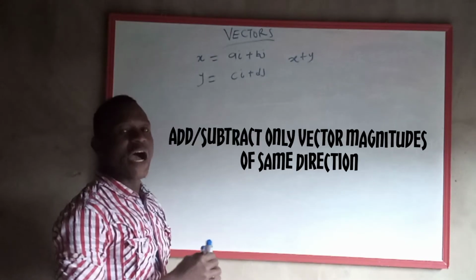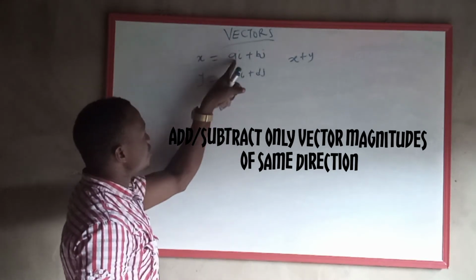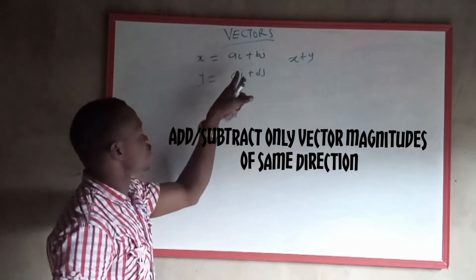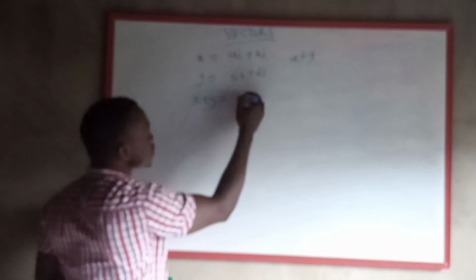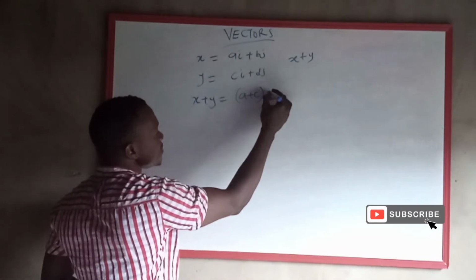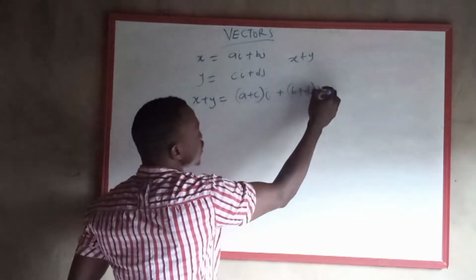What you simply do is add the vectors in the same direction. Which of them are in the same direction? i and i are in the same direction. So we add a plus c. So x plus y is equal to a plus c, the same direction of i, plus b plus d, the same direction of j.